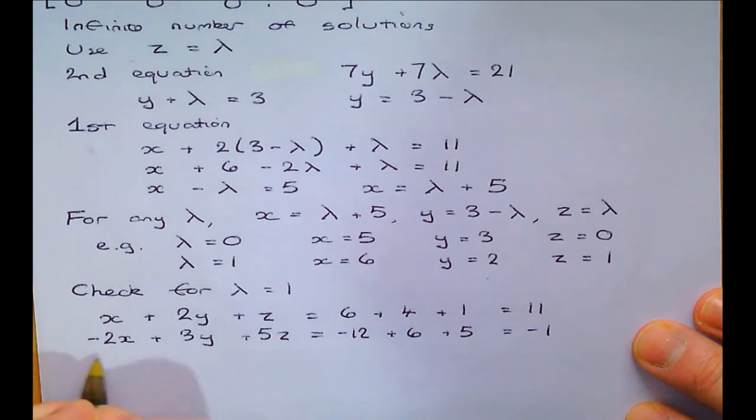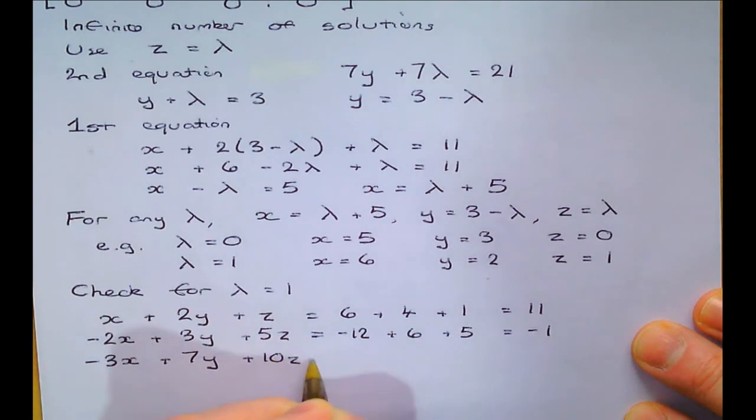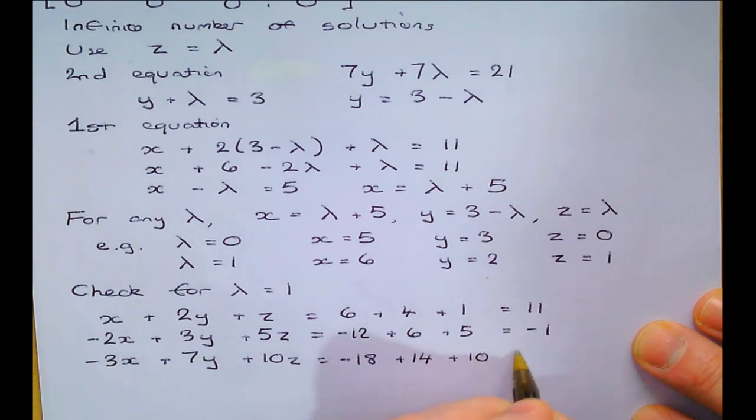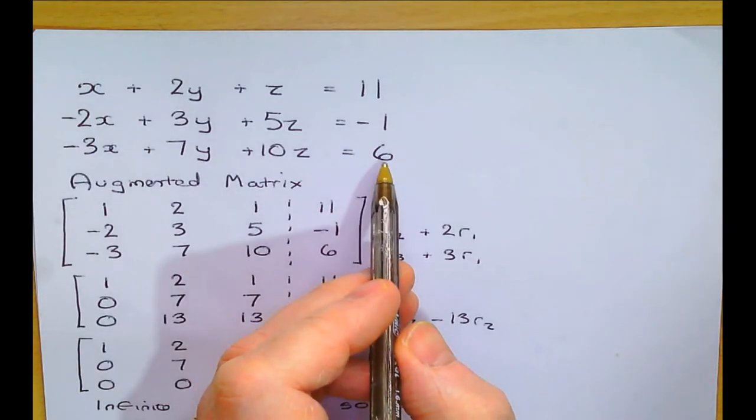And then we have minus 3x plus 7y plus 10z. Well, that's going to be minus 18 plus 7 times 2 plus 10 times 1, 24 minus 18, that is 6, also agreeing with the original equation.